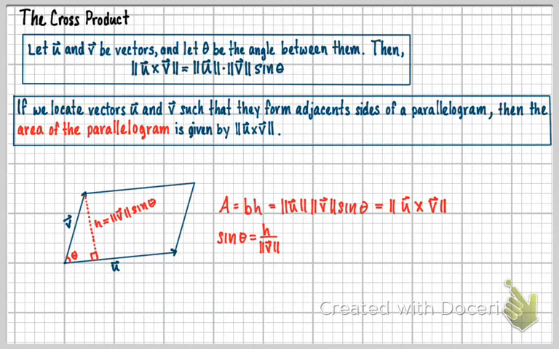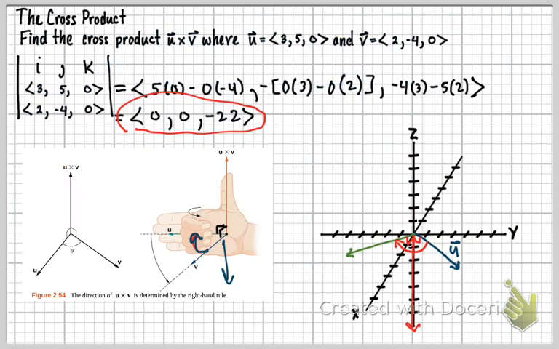Now we can go back to the example I had in the previous video, because I want you to see that. This was the problem. I can take these two vectors and find the cross product of those, and we did.